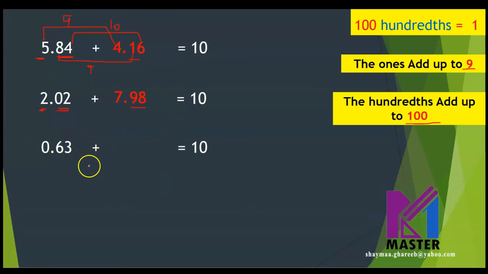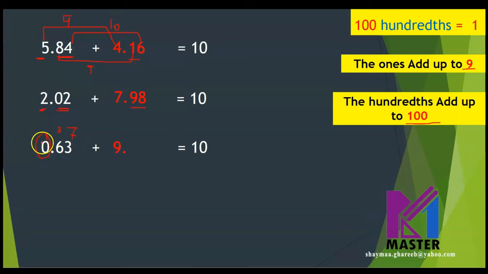Let's see one more example. This time I will solve it another way. We said we can complete the units place to be number 9. This is 0, so I need 9. What about the digits in the tens place? This 6 needs to be 9 as well, so I need 3. And this 3 needs to be 10, so I need 7.